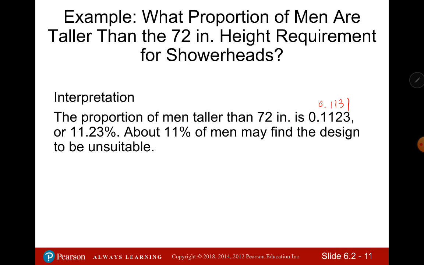Because the question asks what proportion, or what percentage, we will say about 11% of men will find the design to be not suitable, because they are taller than 72 inches, even higher than the showerheads. Of course, they will find the design uncomfortable. So this is for this example.